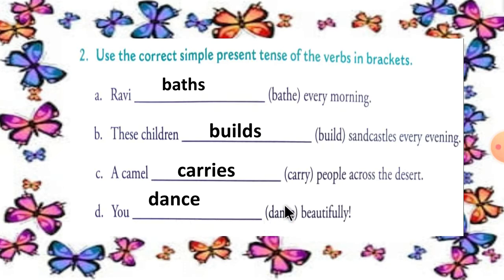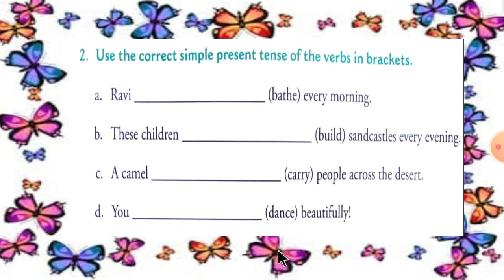Okay. So let's revise all these blanks. Ravi dash every morning. The answer is baths. Ravi baths every morning. Then these children dash sand castles every evening. Answer is builds.